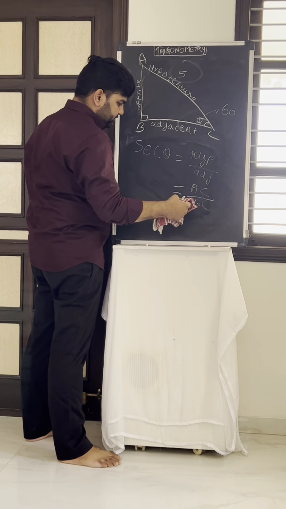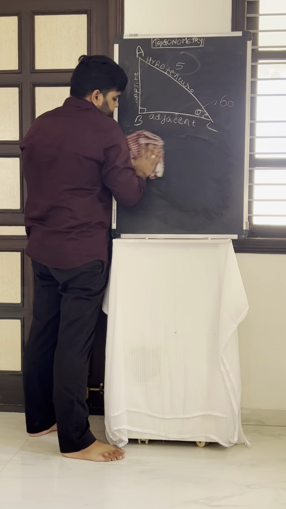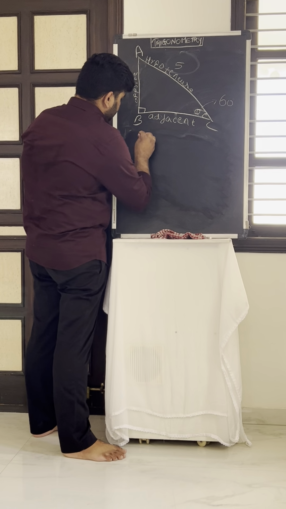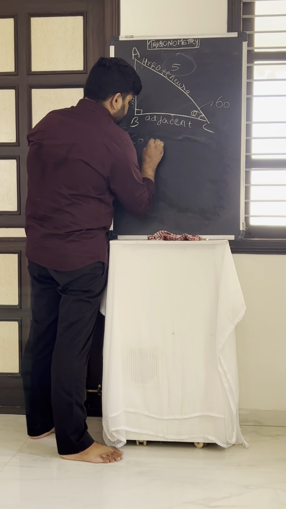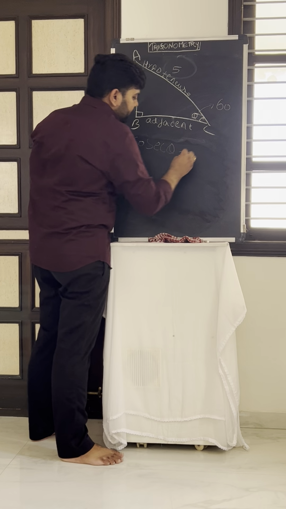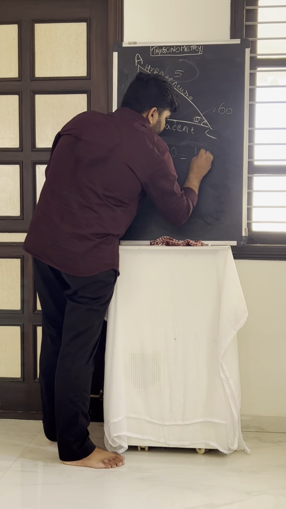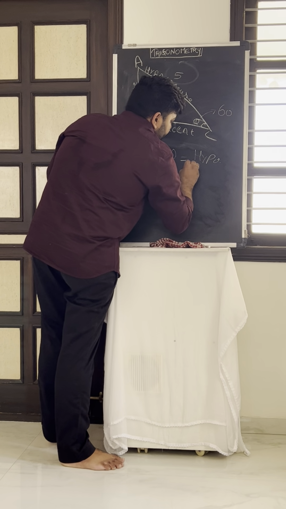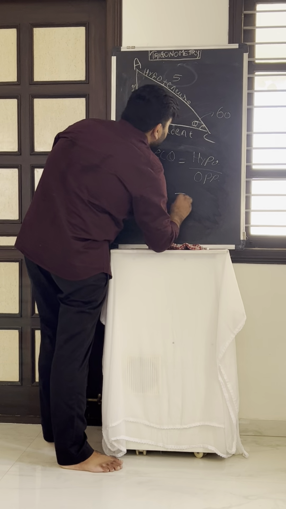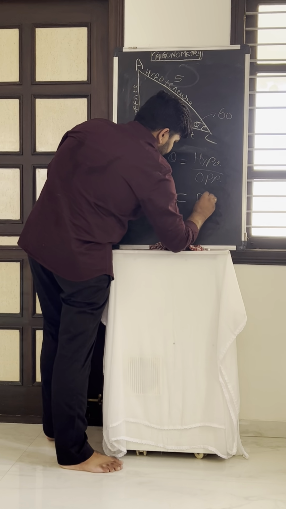Now let us jump to the last operator, that is cosec theta. Cosec theta will be equal to hypotenuse upon opposite. So it will be equal to AC upon AB.